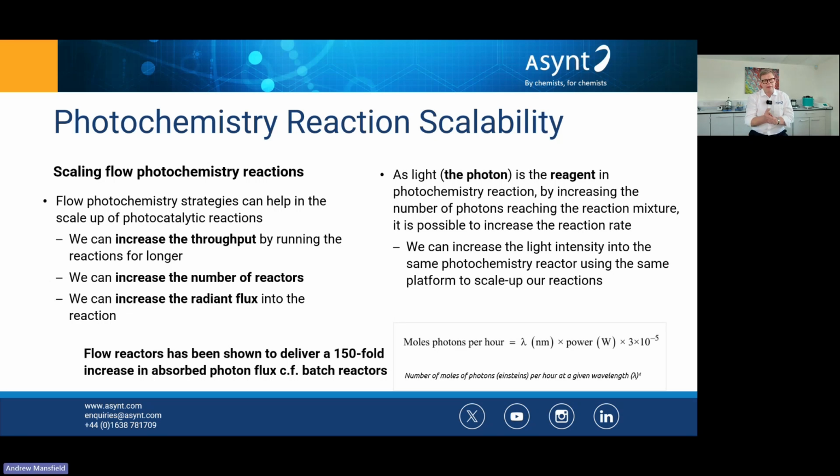So the take home here is that flow reactors, although they might not change the efficiency of our photochemical reaction, are able to deliver, in examples, quite a high increase in our throughput compared with the equivalent batch reaction. So it's a really useful technique to run parallel with traditional batch photochemistry methods.